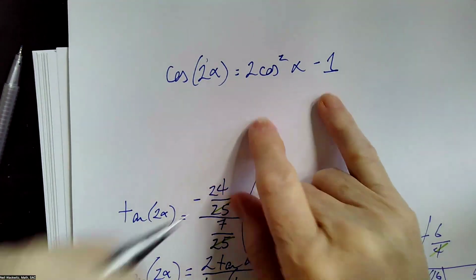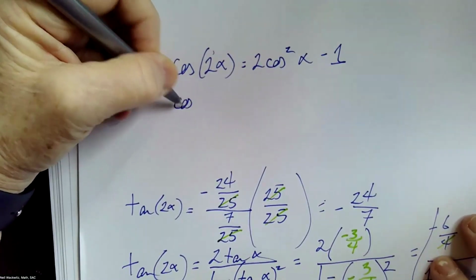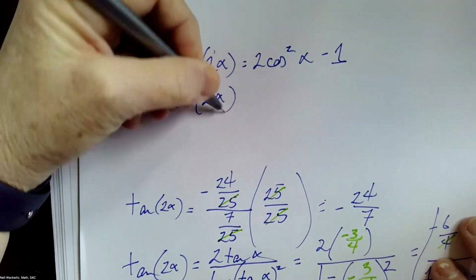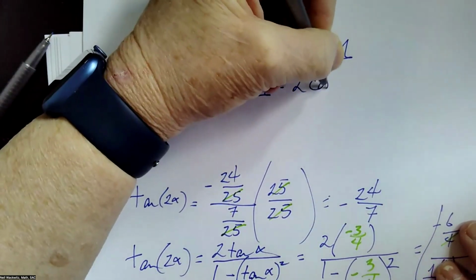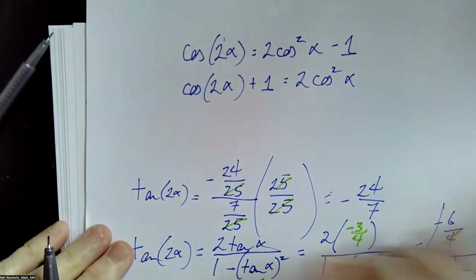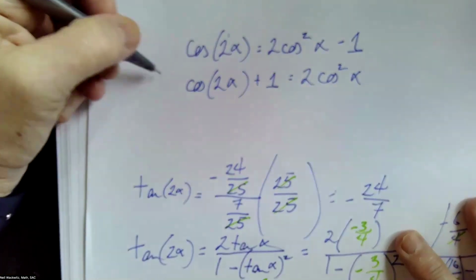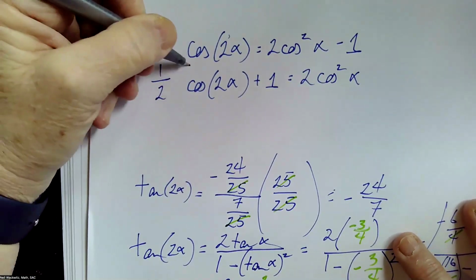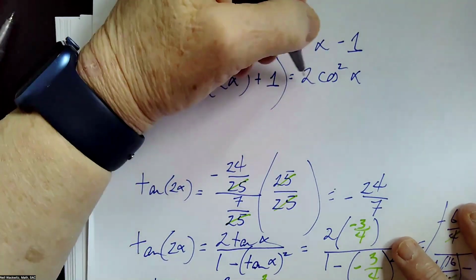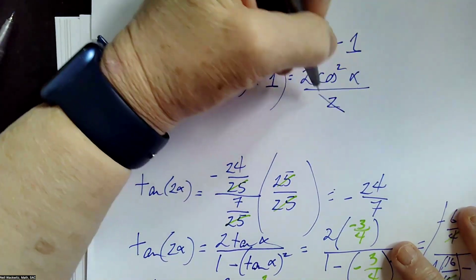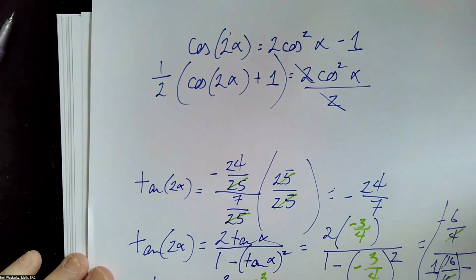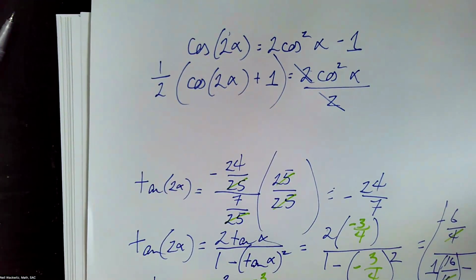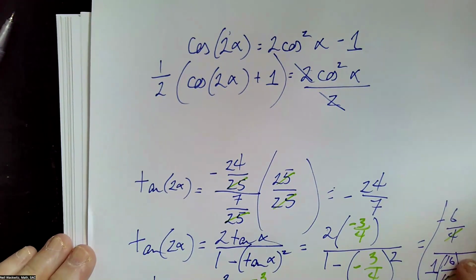So we're going to add 1 to both sides. Divide both sides by 2. And I'm going to write that as 1/2, because I know that I'm going to have fractions inside. And dividing by 2 is the same as multiplying by 1/2.